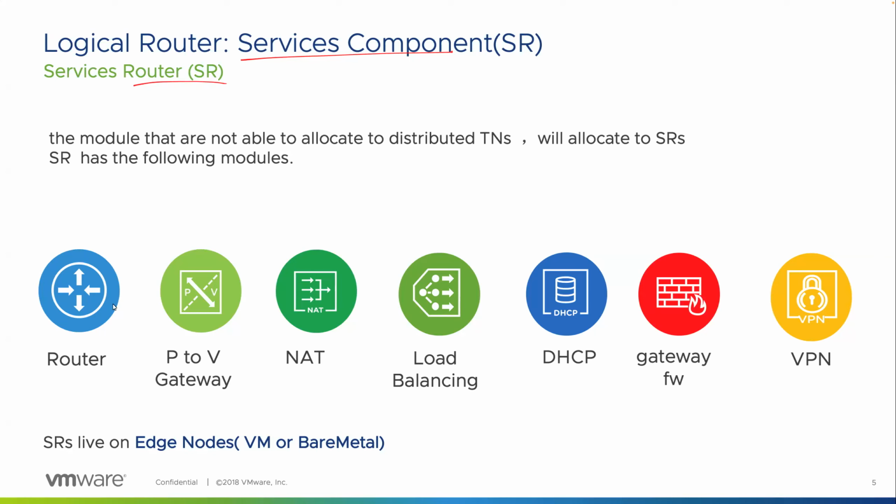For example, here we have a lot of centralized services that you can distribute to the SR. Just those services or modules that are not able to be allocated to the distributed transport nodes will be allocated to the SR. That means those services have some property or attributes of centralization.